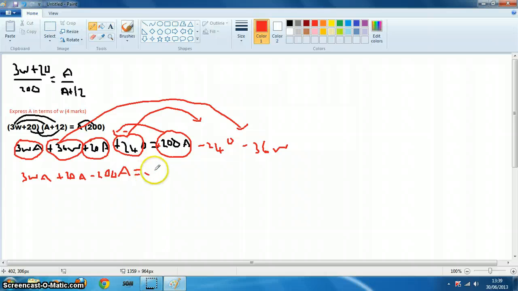So it equals minus 240 minus 36W. What we then need to do is take the A. We keep the A on its own. So we've just put A on its own, and we just cancel out the A's.